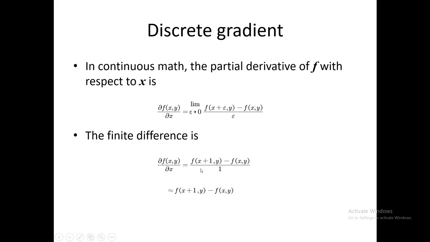Here we take one step in the x direction and see what the value of the function is, subtract the original, and divide by how big the step was. The step is just 1, so it looks like this. That is, for a finite difference in the x direction, we go one step forward in the x direction and subtract the original one to get the finite difference.